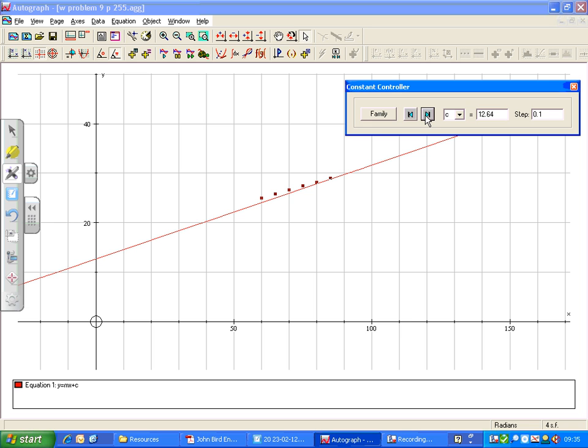Oh no, it's not quite parallel, is it? Now we get close. So I can change the value of m again. Change the step size smaller. And then go back to c again and change it.